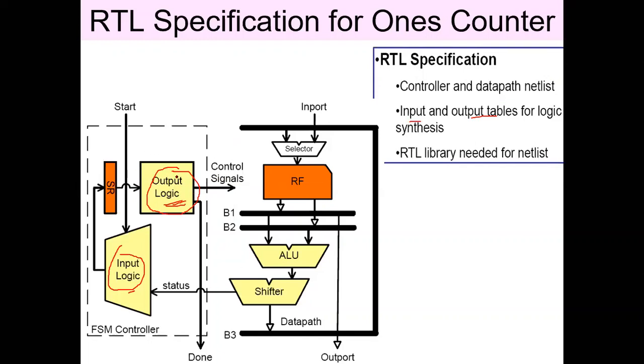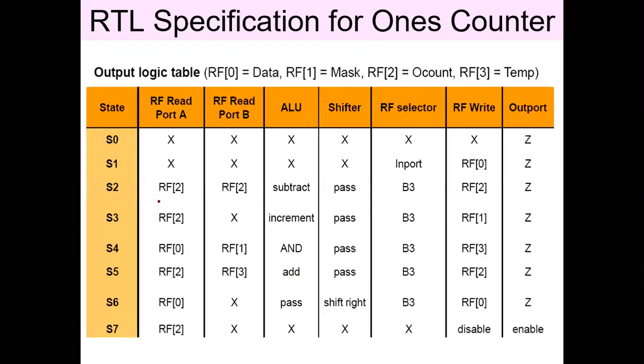In our controller architecture, we said that the output logic will determine what operations happen in each and every state. So the output logic table should also give that information, specifying to the data path what actions are to be performed.